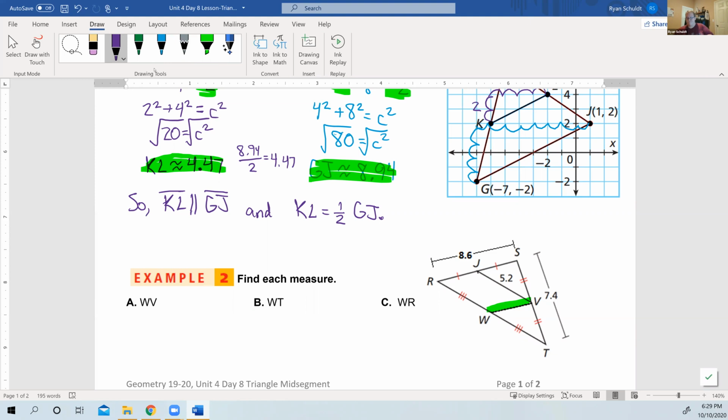RS. So WV has to be half of RS. It's got to be half of the side it's parallel to. So that means WV has to be 8.6 divided by 2. There's no ifs, ands, or buts. It's got to be half of it. So that means WV is 4.3.